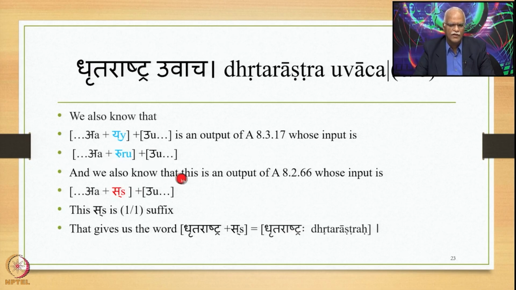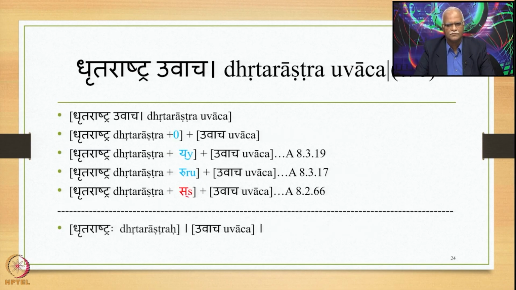We also know that this is an output of 8266, whose input is a plus sa plus u. And this is the 1/1 suffix. That gives us the word Dhritarashtra plus sa, which is nothing but Dhritarashtraha if written separately.